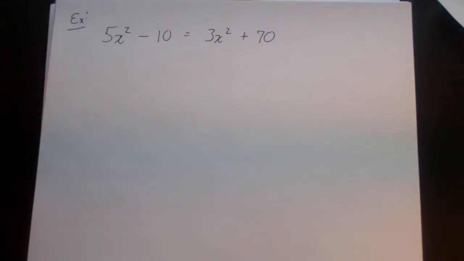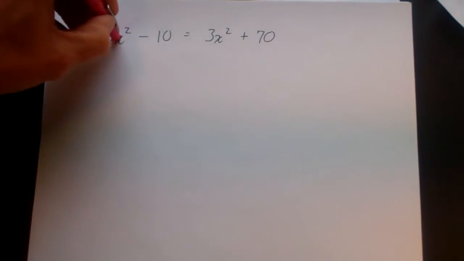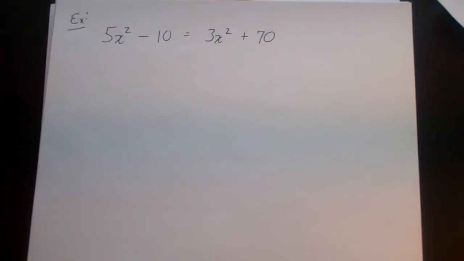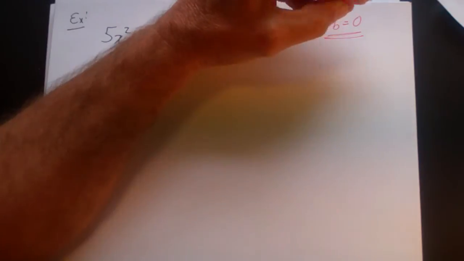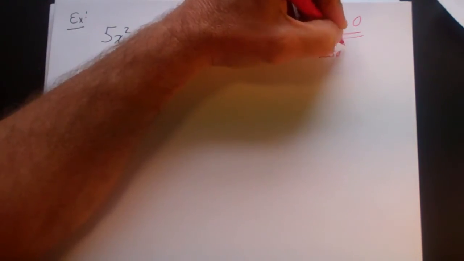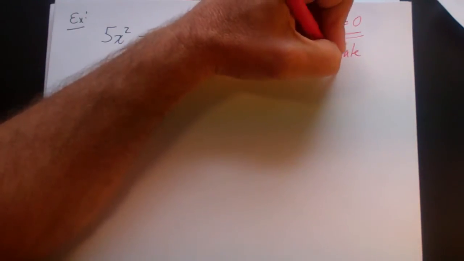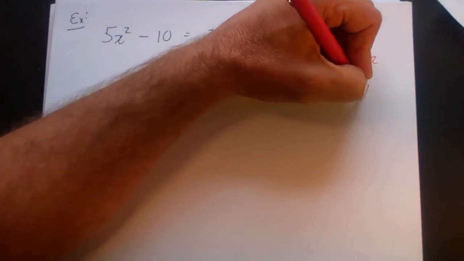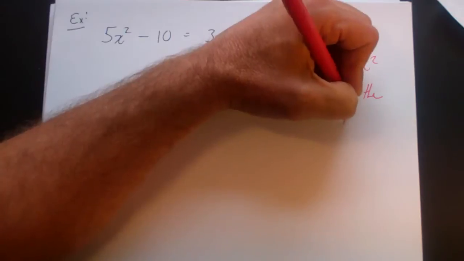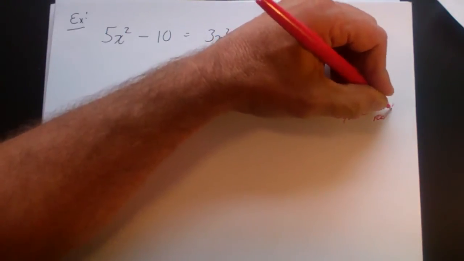Again, I notice that this is a fairly easy problem because there's an x squared and no x. When there's an x squared and no x, in other words, when b is equal to 0, then you simply isolate the x squared and then take the square root. So just two simple steps.